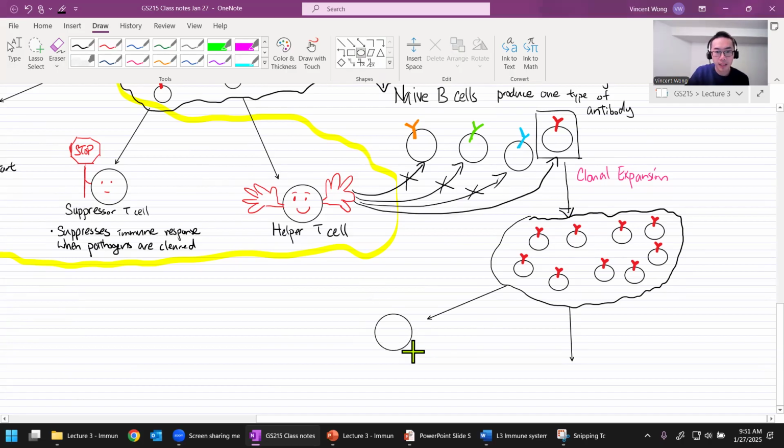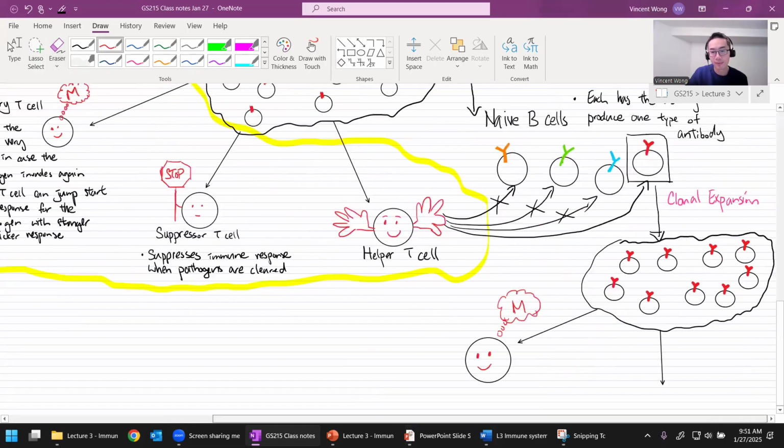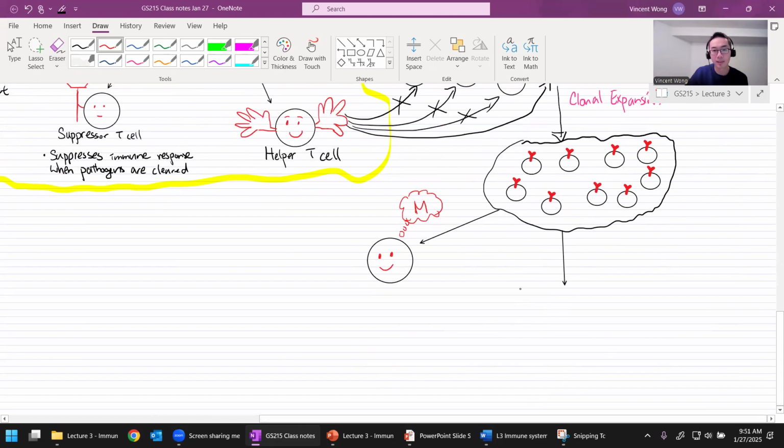Once again, it can become a memory cell. Okay, memory cell. But it's a different kind of memory cell. Right? It's not memory T. You probably can guess the name. Right? This one is the memory B.